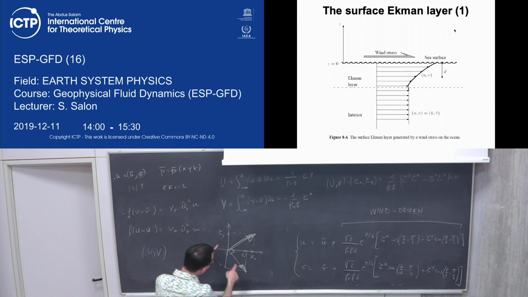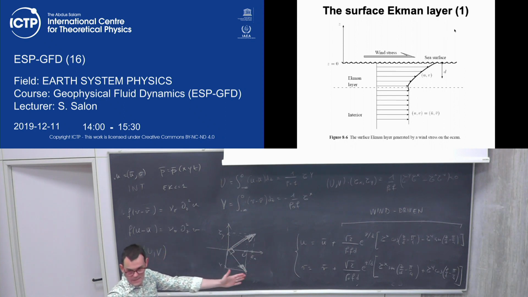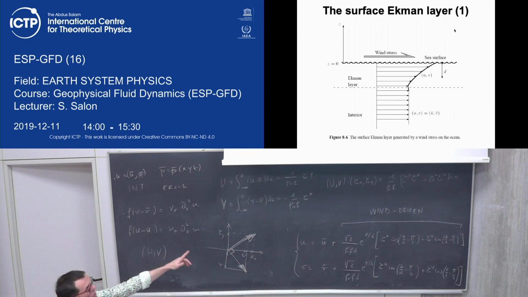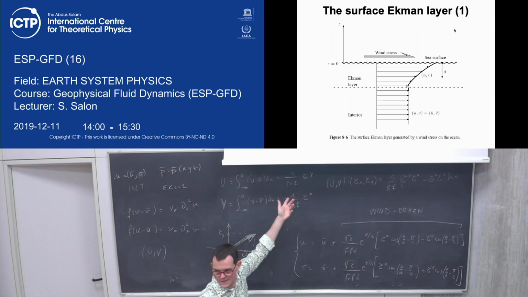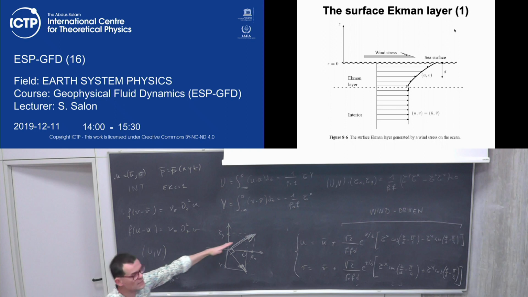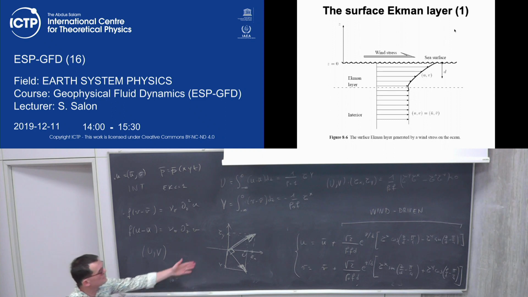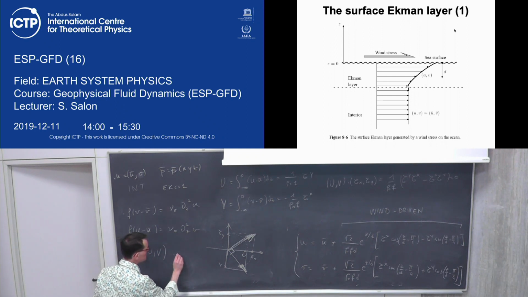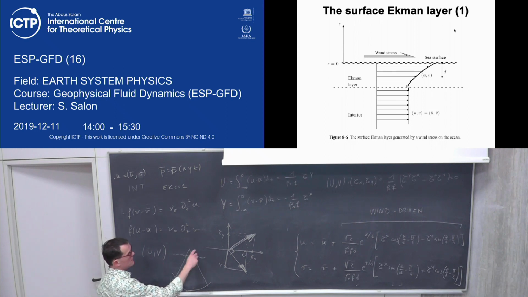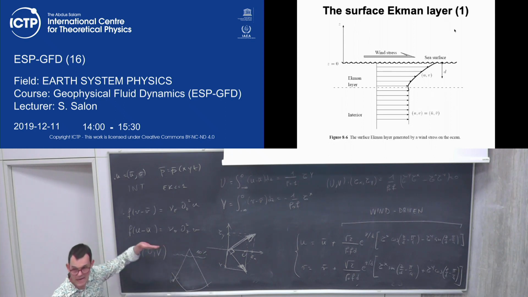Okay? So the transport in the Ekman layer is at 90 degrees to the right in the northern hemisphere, because otherwise we have everything inverted with respect to the wind stress. So Ekman says, you see, Professor Nansen, that's why your icebergs were drifting on the right with respect to the wind. Why? Because if this is the sea, you know that the tip of the iceberg is about 10% of the entire volume.